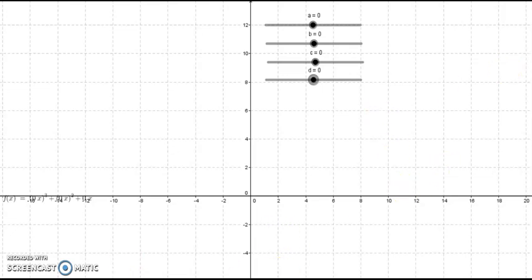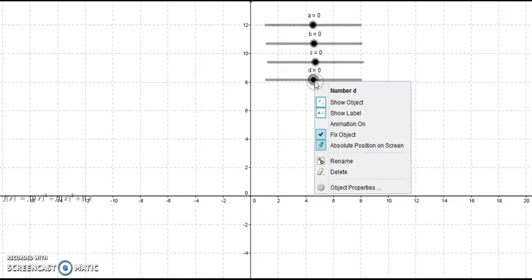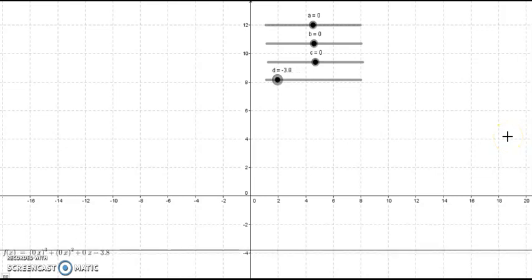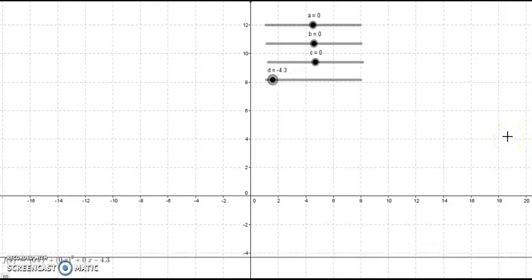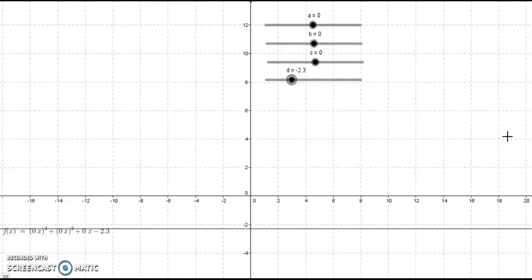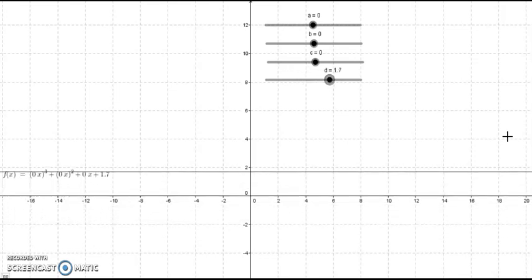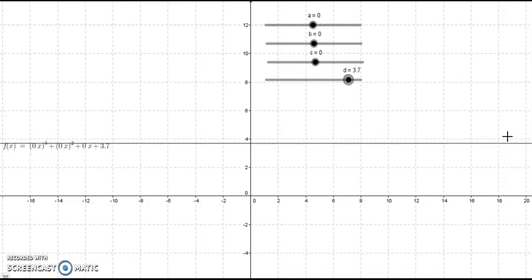So if I look at this straight line function where I have the d value, which is my y-intercept value, then I will have different values according to the information that is displayed. So if d is equal to minus 3, it will cut at minus 3.